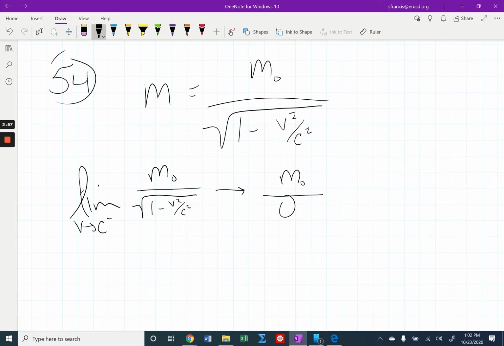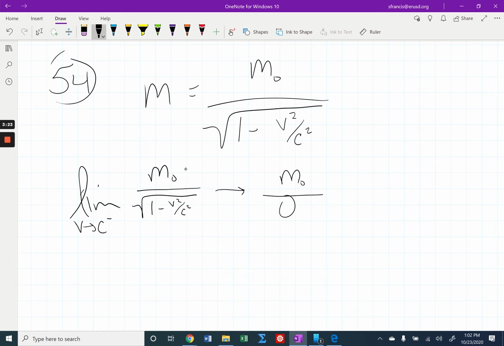But nonetheless, it's really, really fast, and you don't see this in everyday life because the velocity that you're moving at when you're, say, in your car or something is really, really small compared to the velocity of light. And so this quantity here is really, really close to 0. And 1 minus something really close to 0 is really close to 1.